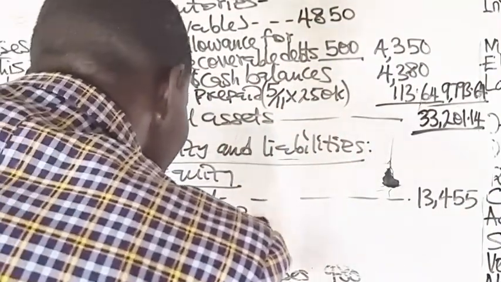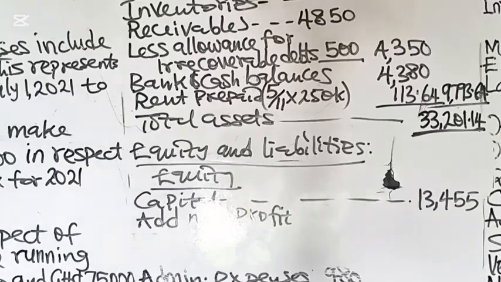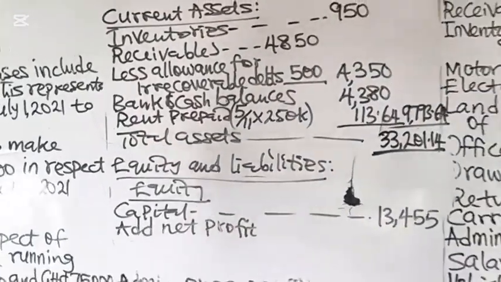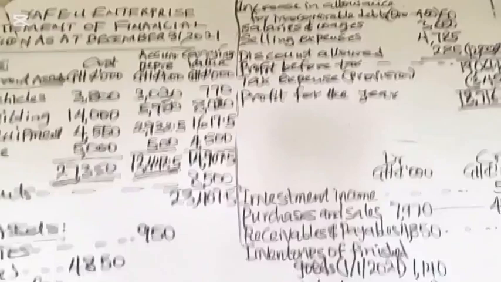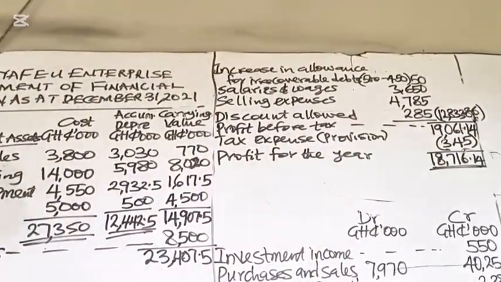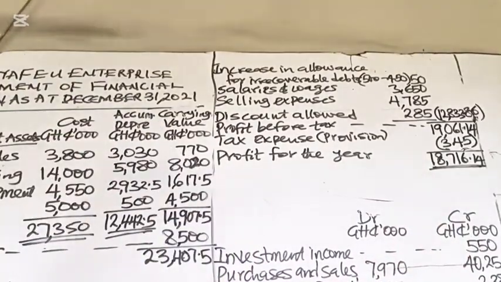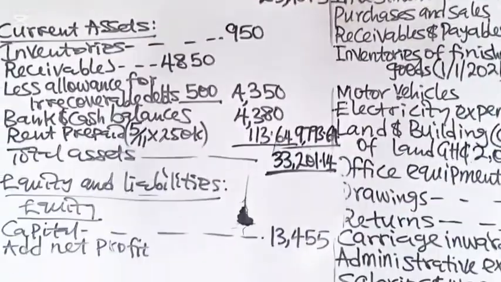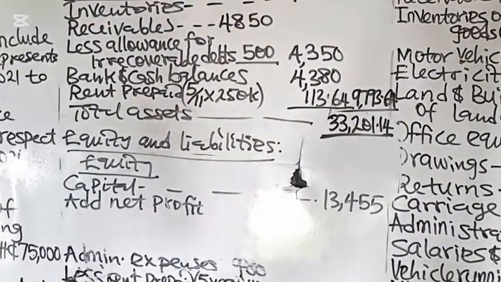Now back to the statement of profit or loss, where our net profit was calculated, and we got the profit for the year of 18,716.14. So that will be added as our net profit.